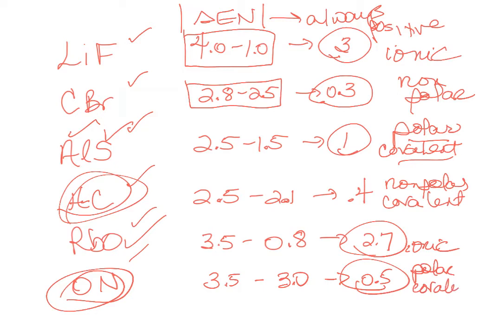And so you would probably need to assign either partial charges or a dipole. So you could put a negative partial charge over all the more electronegative atoms, and then the partial positive on the less electronegative, or you could draw the dipole.